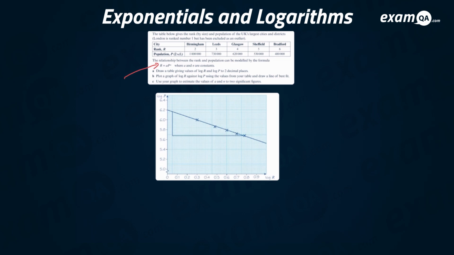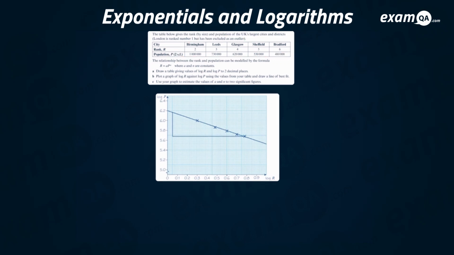So can you see that this is very linear? Okay, if I plotted this normally, that would most likely have looked something like this, maybe. Okay, but because they made me plot the log r against the log p, it looks linear now. Okay, and I can just undo the logs to make it look like the original.